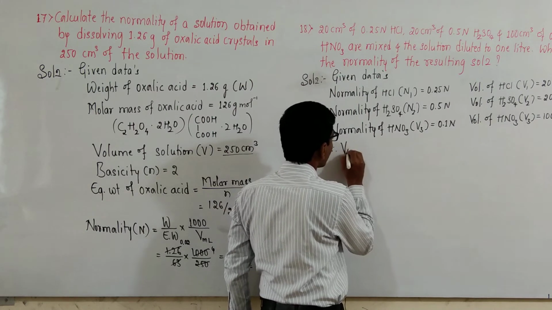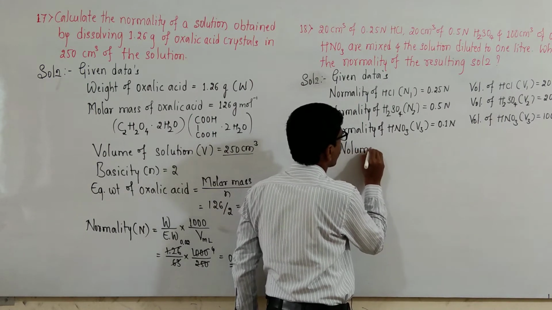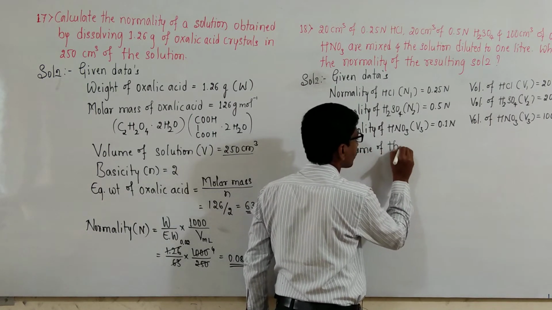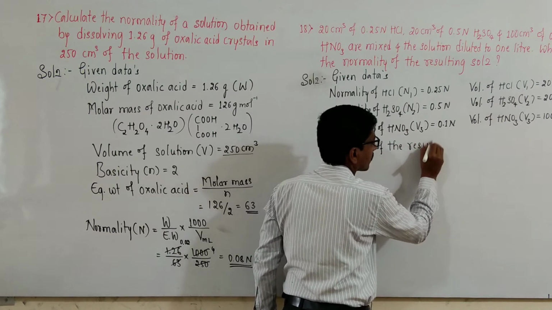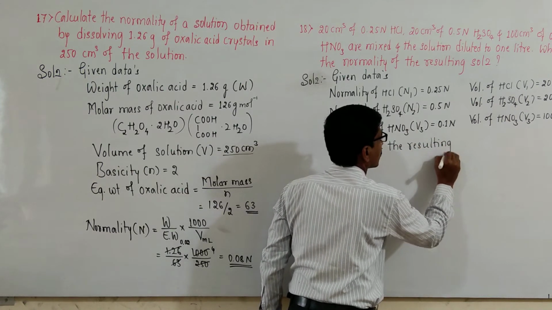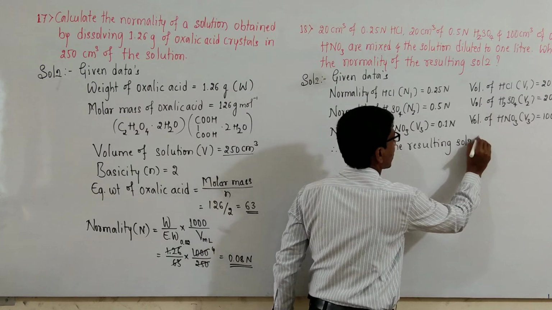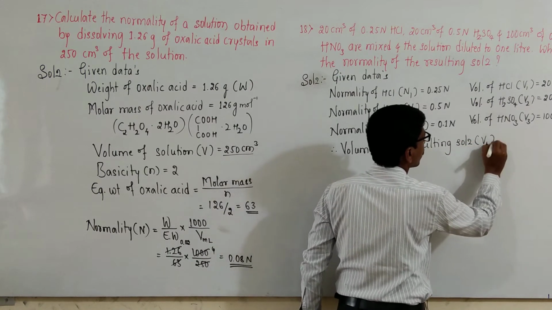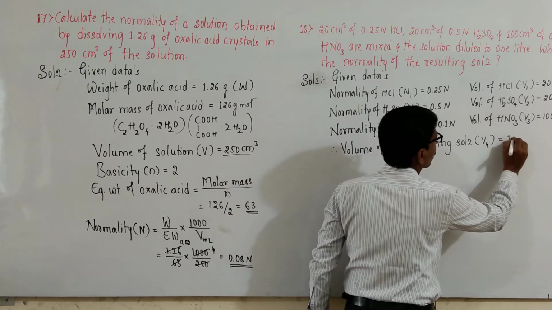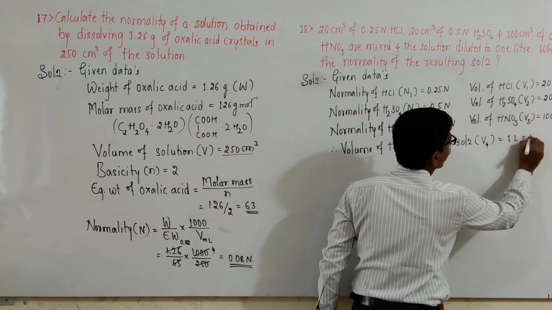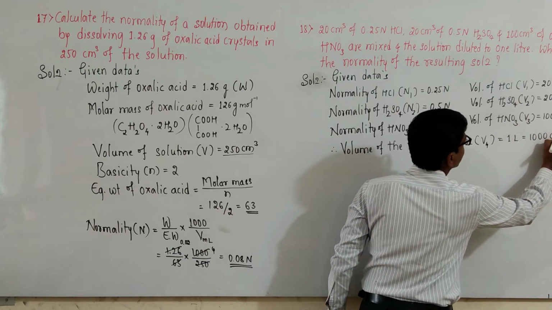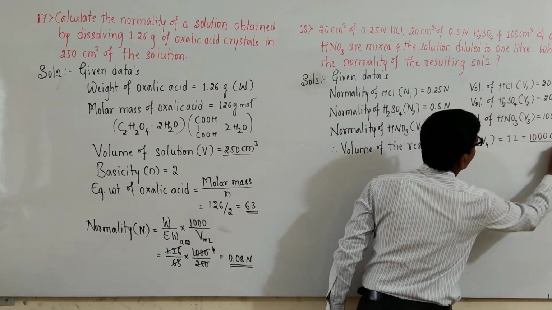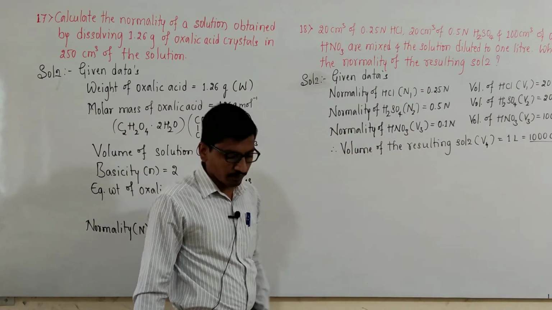Therefore, volume of the resulting solution, that is considered as V4, is equal to 1 liter or 1000 cm cube.